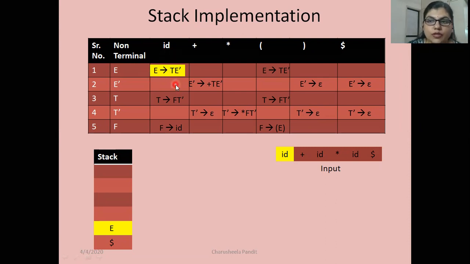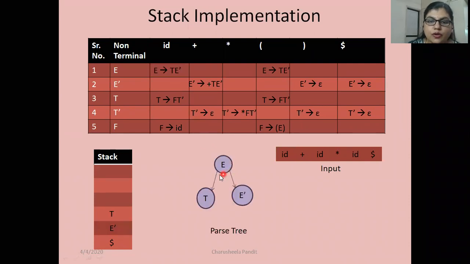Now I'm focusing only on the generation of the parse tree, and later we'll see how the stack helps in the development of the parse tree. So just focus on the parse tree area. For the E start symbol and input symbol ID, E got expanded to TE'.